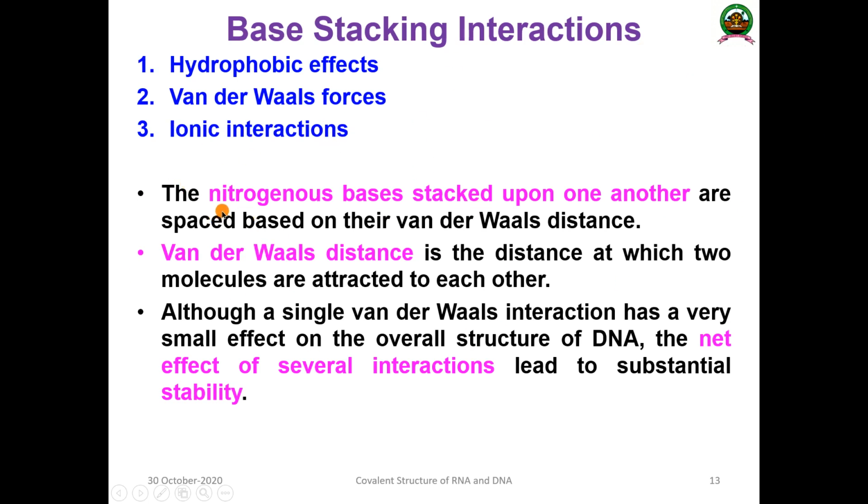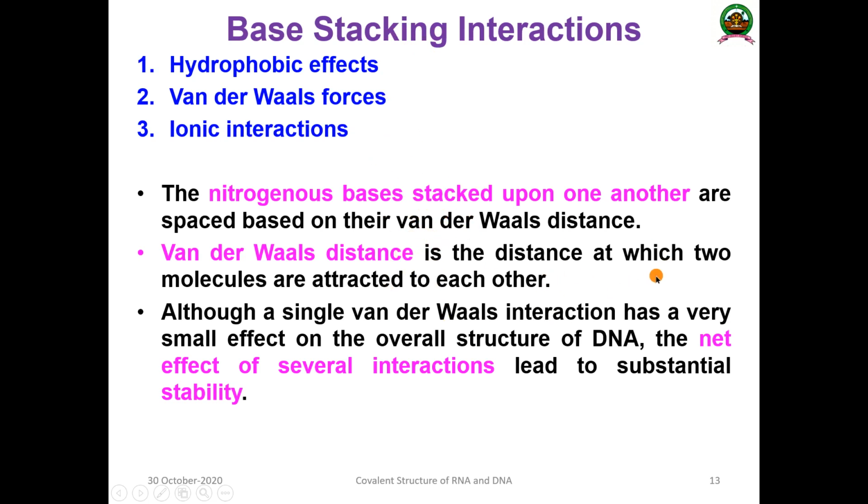How is it happening? The nitrogenous bases stacked upon one another are spaced based on their van der Waals distance. This van der Waals distance is the distance at which 2 molecules are attracted to each other. One is top and another one is bottom, with a small distance between them, placed at the van der Waals distance.